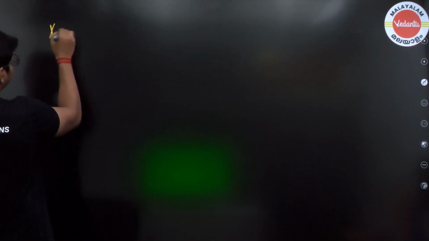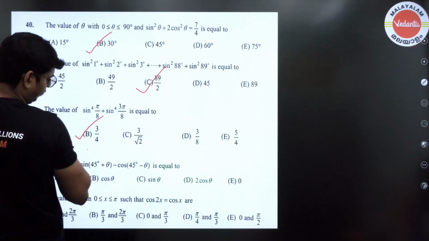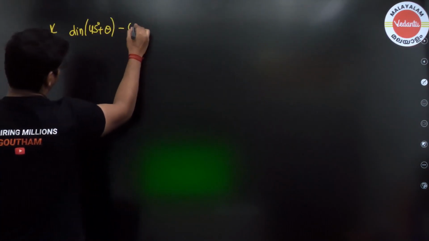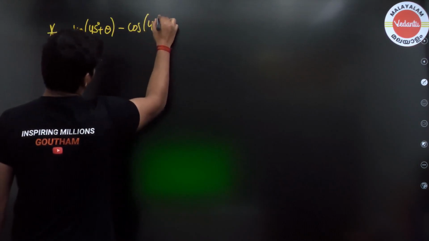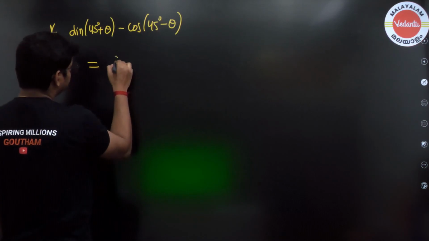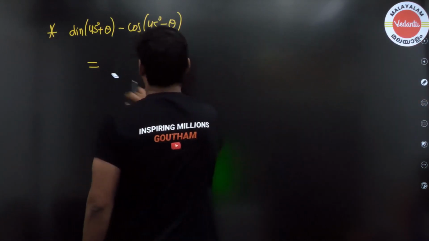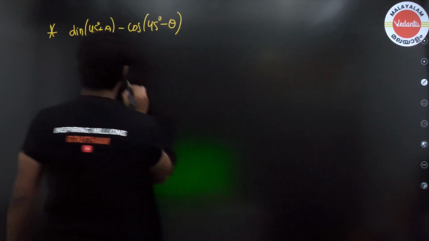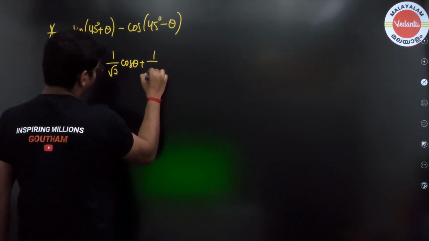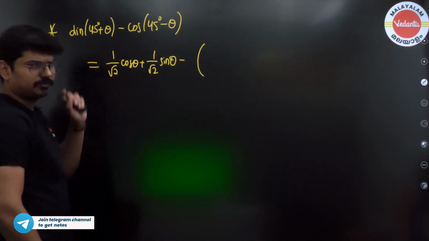So here again it's the formula thing. Sine(45 plus theta) minus cos(45 degrees minus theta). This is sine of a plus b. So that's sine a cos b plus cos a sine b, so directly we can write this as 1 by root 2 into cos theta plus 1 by root 2 into sine theta minus, what is cos of a minus b?